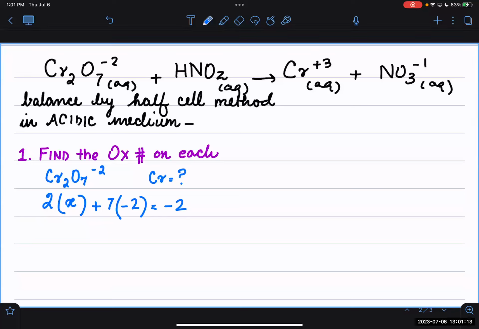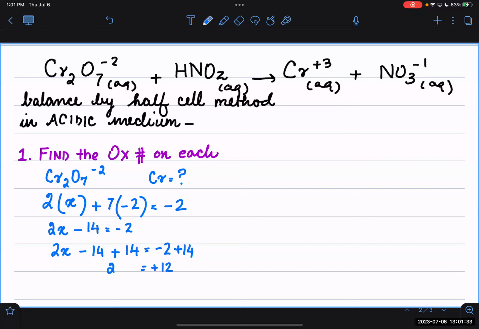Everyone got that? Okay. So 2X, 7 2s are 14, -14 is equal to -2. So 2X -14 +14 is equal to -2 plus 14. So this becomes +12.